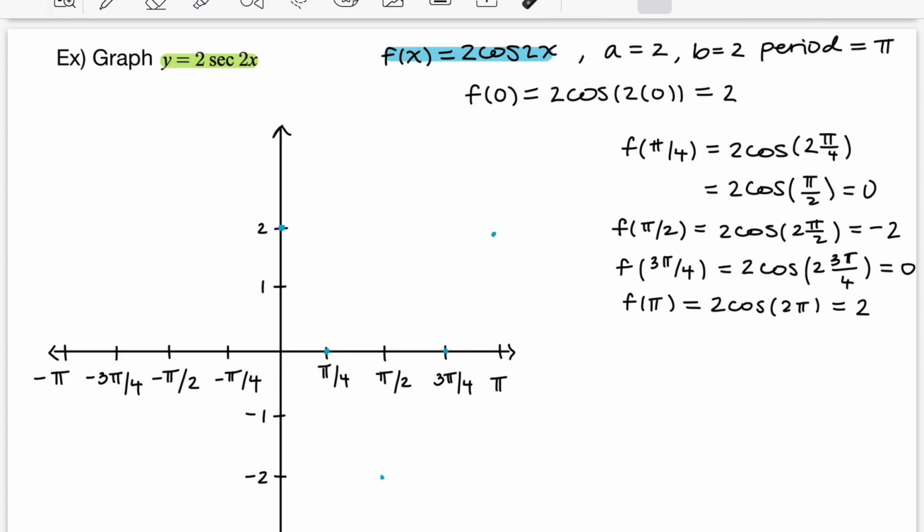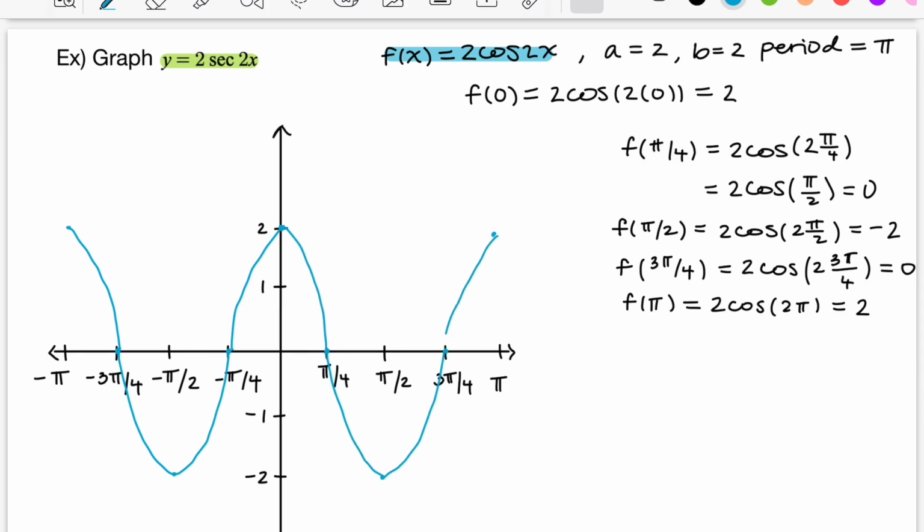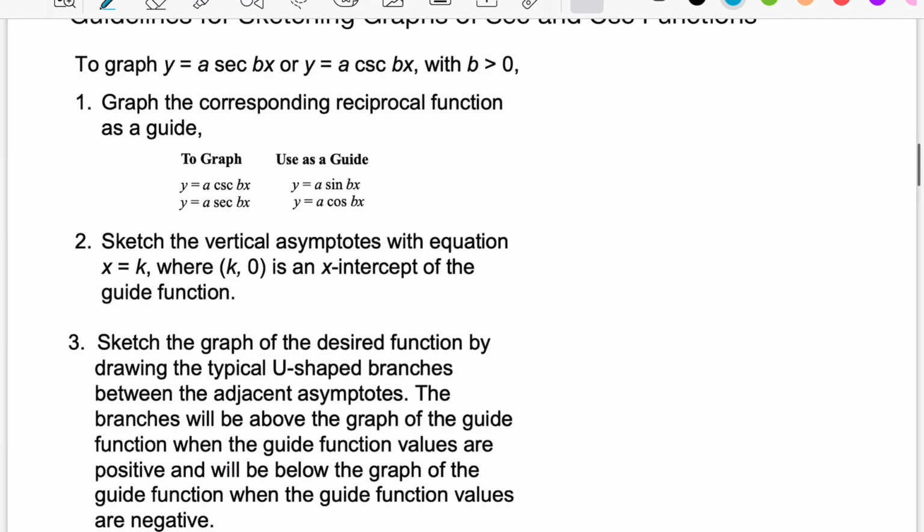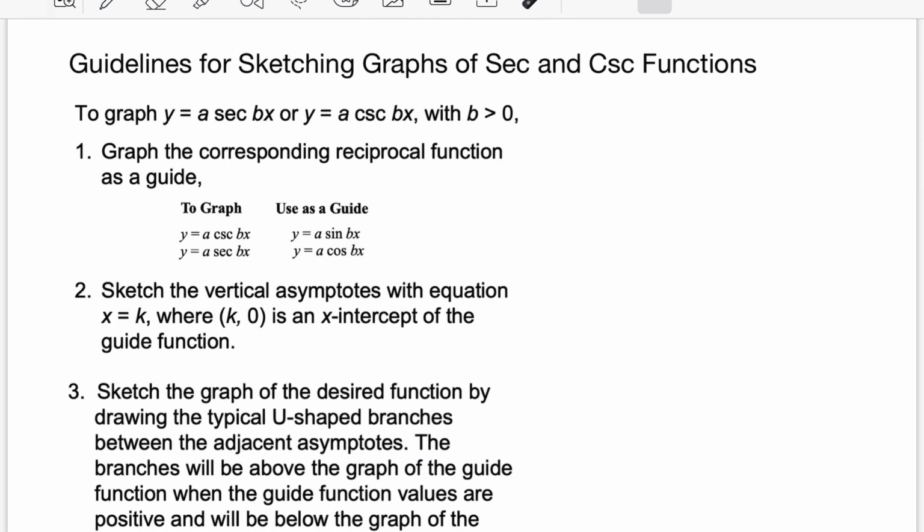Now repeating this process for all of our output values on our negative x-axis, we'll get negative pi over 4 gives us 0, negative pi over 2 gives us negative 2, negative 3 pi over 4 gives us 0, and negative pi gives us 2. So what we've done here is graphed our guide function, or our cosine function, which was the first step in our process for graphing secant and cosecant functions.